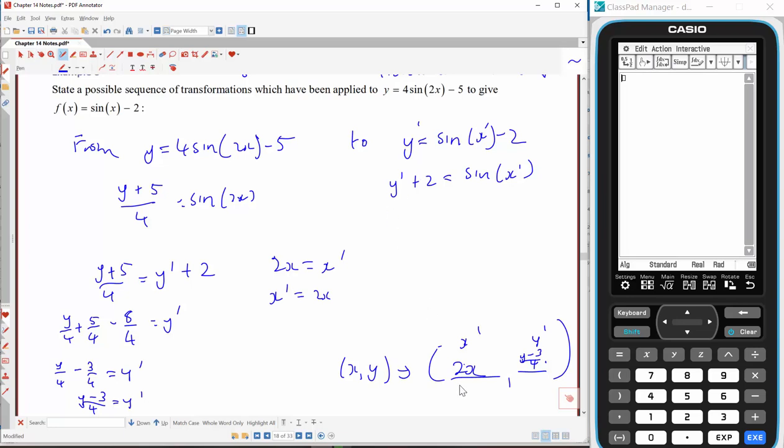Right, so now we can state our transformation, so let's formally do that one. So this is a dilation factor 2 from the y-axis. All right, now first up here, y had 3 subtracted from it, so we're going to go translated 3 units up.